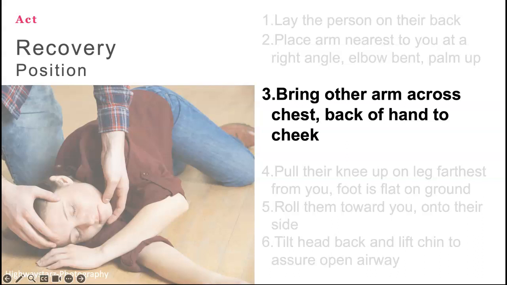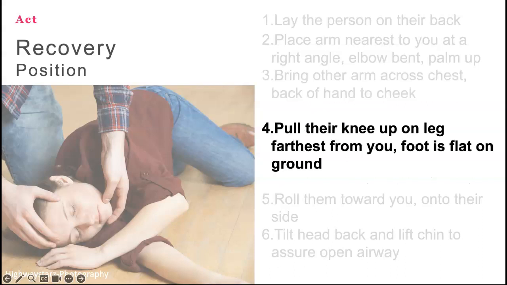This provides a little bit of support when we're rolling them over, but it also brings some of that upper body weight over prior to us trying to turn them to their side. On the leg that's farthest from you, pull their knee up in a bent position to where their foot is flat on the ground.